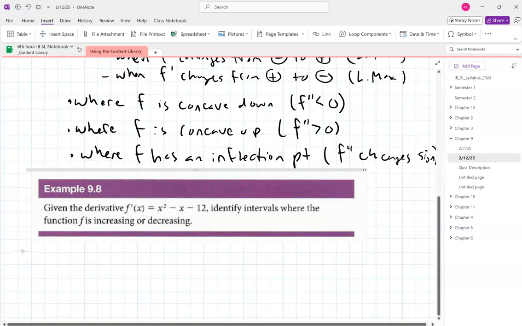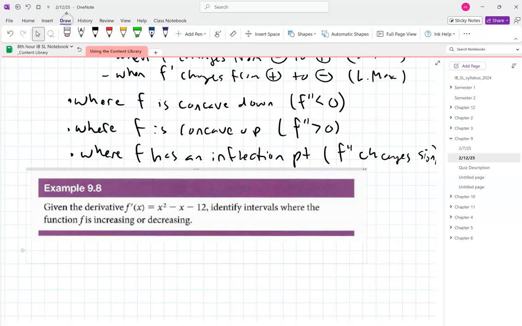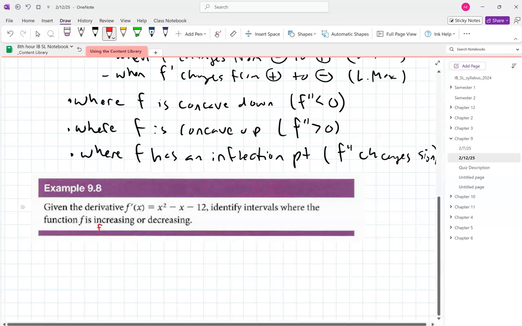It says that given the derivative f prime of x equal to yada yada yada, identify the intervals where the function f is increasing or decreasing. We're going to use the derivative to do this, right? So again, I know that the function f is increasing where the derivative is positive, and the function f is decreasing where the derivative is negative.